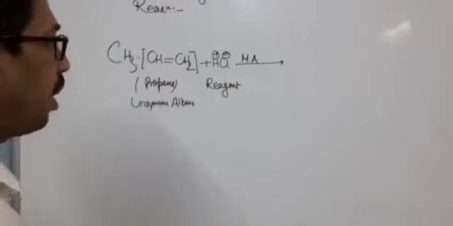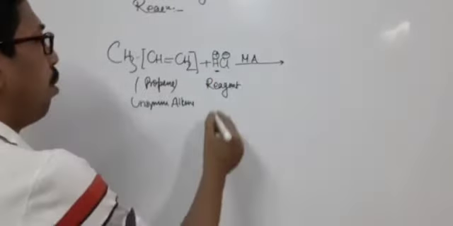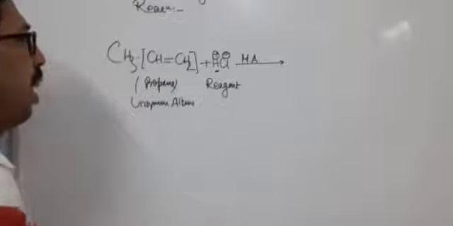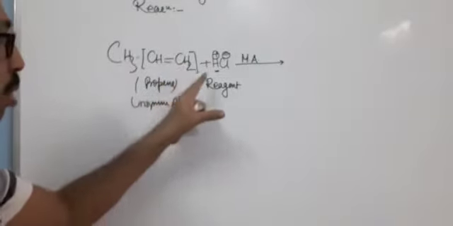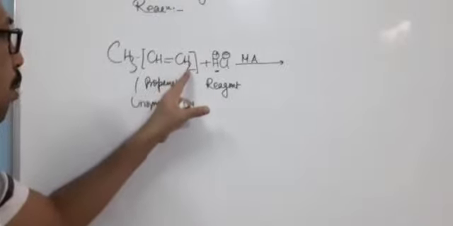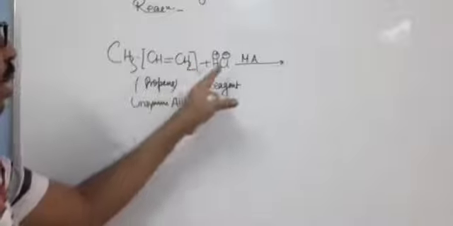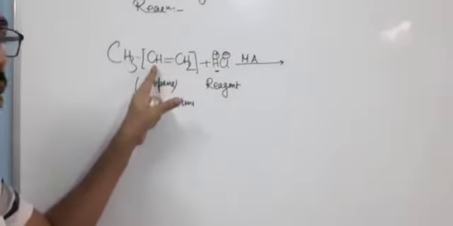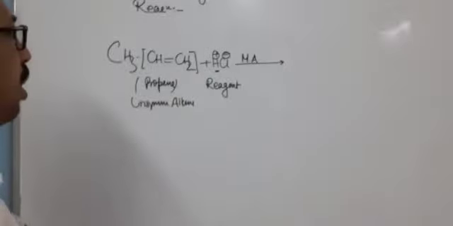And this law states that the positive part of the reagent is added to that side of the double bond carbon which carries the maximum number of hydrogen atoms, and the negative part is added to that side of the double bonded carbon atom which carries the minimum number of hydrogen atoms.